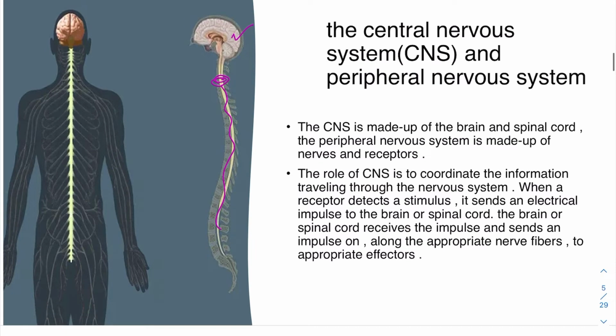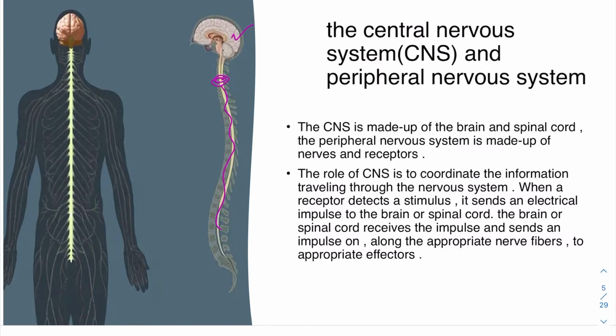But what is the role of this central nervous system in the coordination system? Well, it plays the main part in this coordination system. And this is the one that sends the signals to the right effectors.